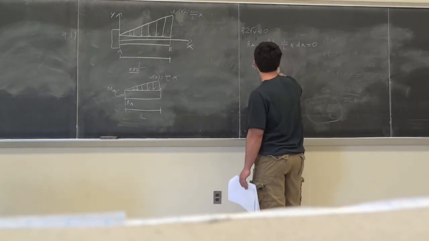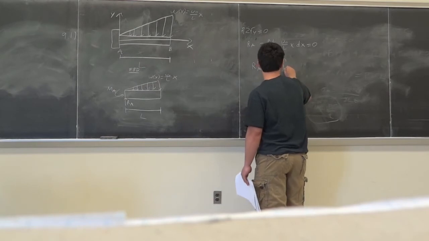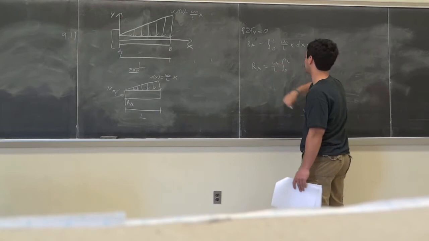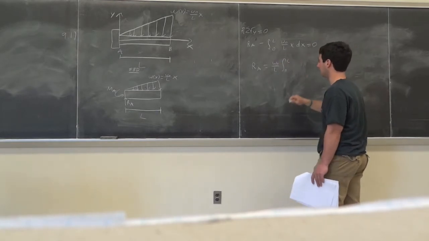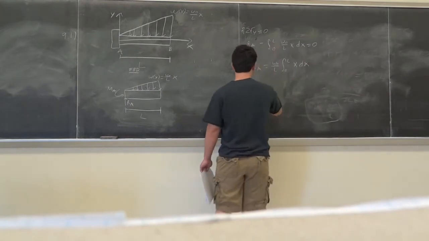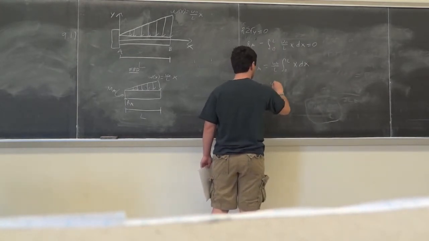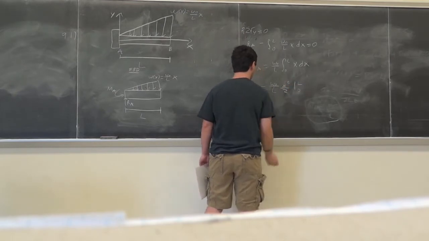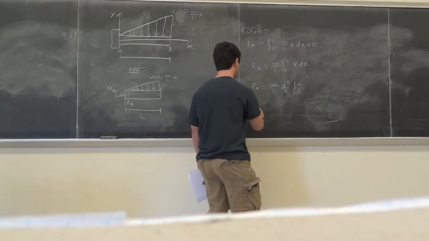So RA is equal to W naught over L times the integral from 0 to L. This is just a constant, okay? So that comes out of the integral, and I'm moving this to the other side. So you have x dx, okay? So you can integrate that. So RA is equal to W naught over L times x squared over 2, and this goes from 0 to L. So you plug in the values.